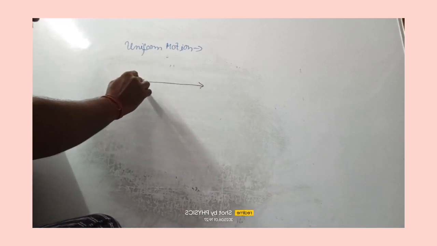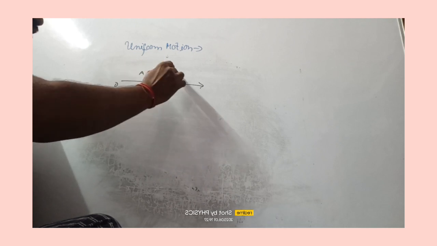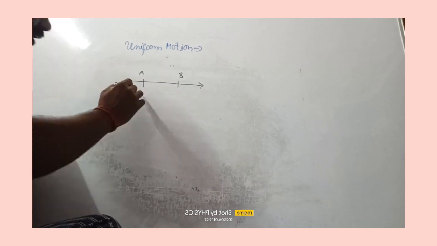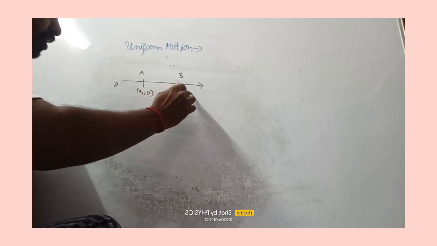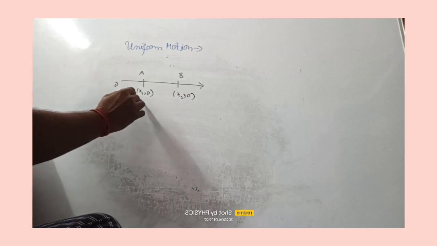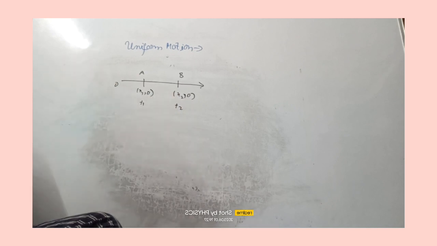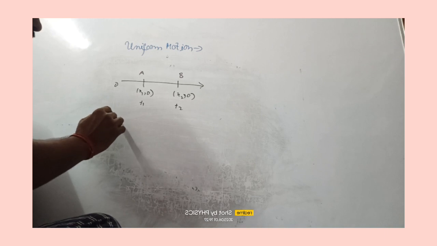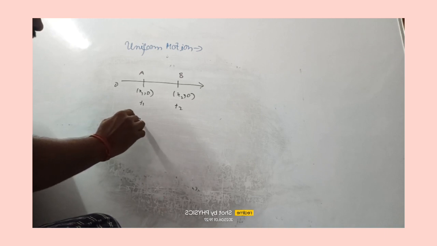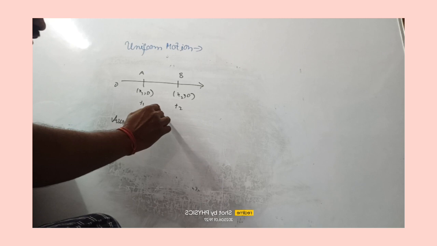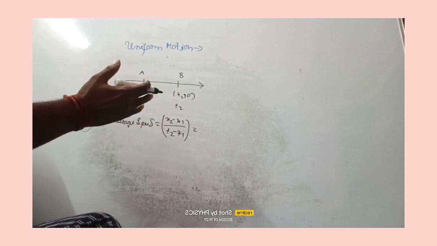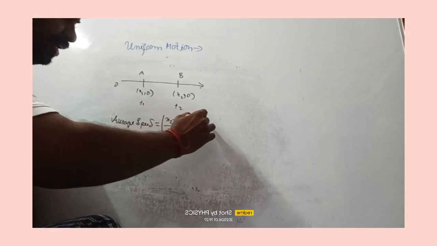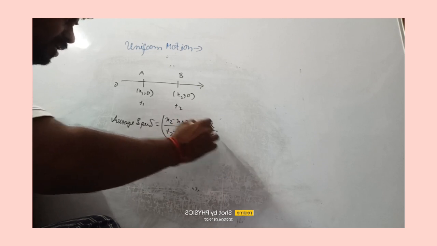This is O. The particle is at point A moving to point B. Here x1, 0 and x2, 0, and the times t1 and t2. So the average speed is equal to x2 minus x1 by t2 minus t1. That is the distance traveled by time taken. It may be written as delta x by delta t.